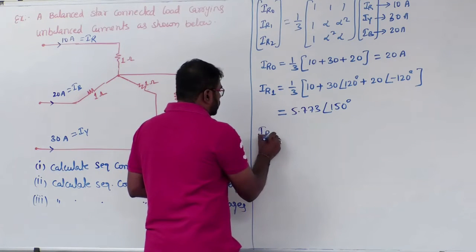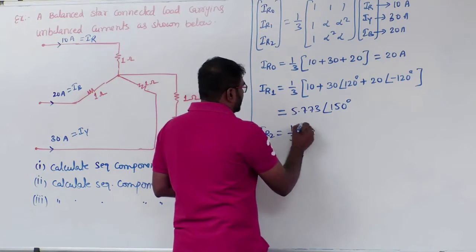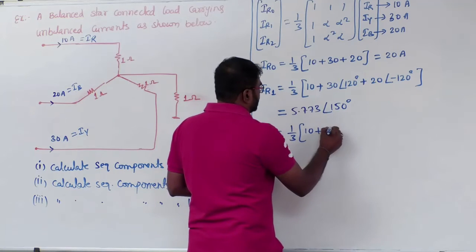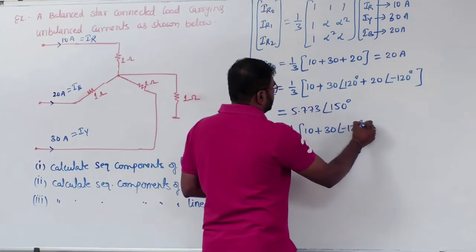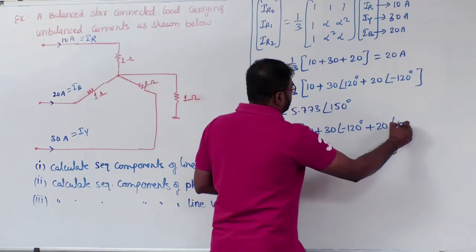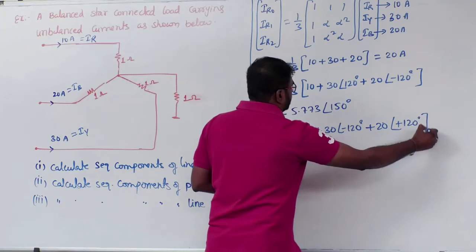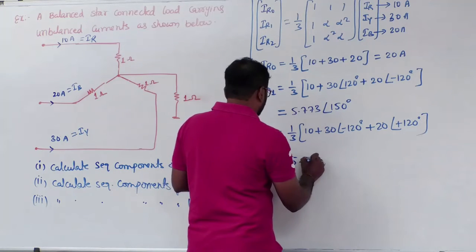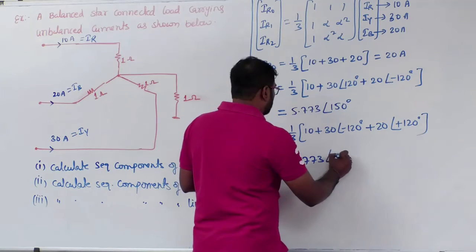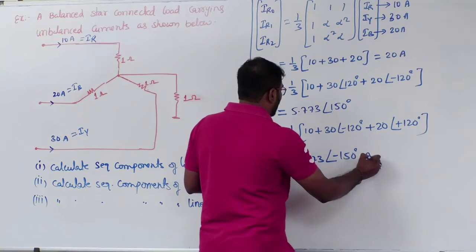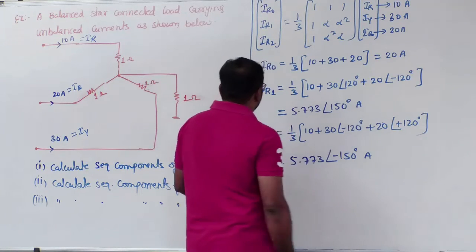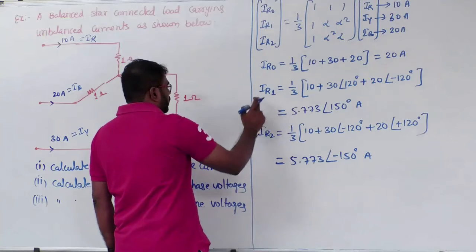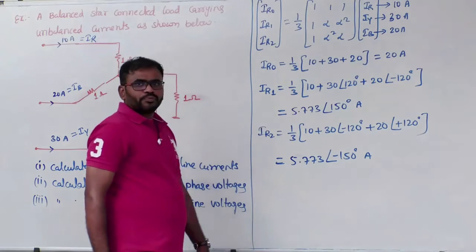Now calculate IR2: 1 by 3 times 10 plus 30 at an angle minus 120 plus 20 at an angle plus 120. If I solve this, we get 5.773 at an angle minus 150 degrees ampere. So we got IR0, IR1 and IR2.